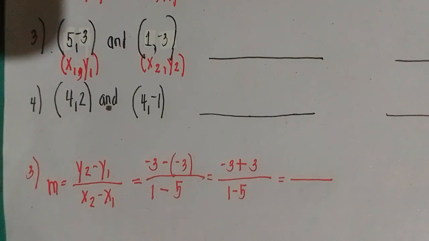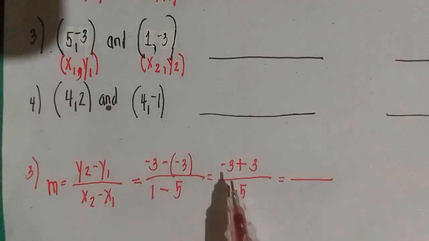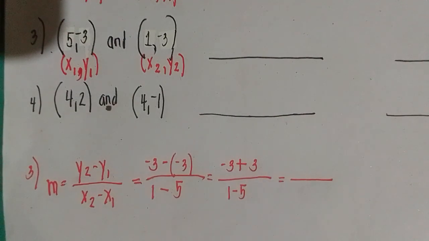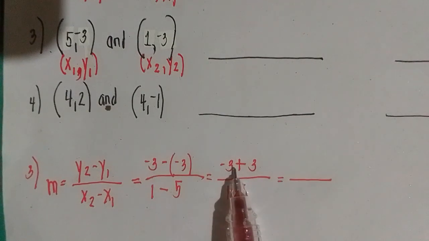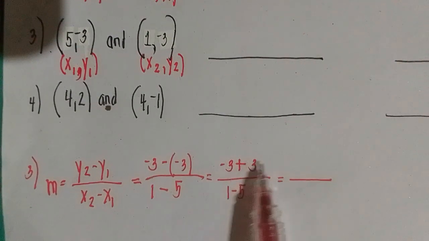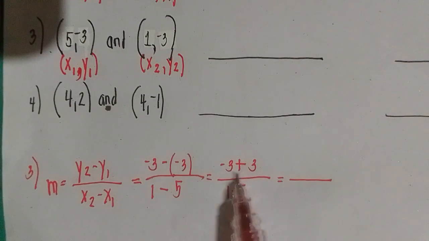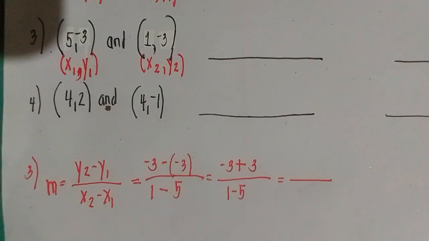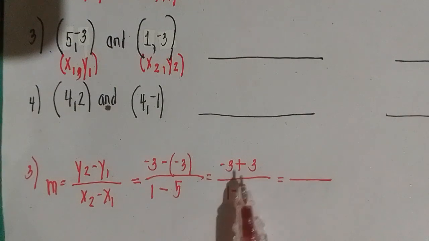In the numerator, class, we have -3 + 3. As you see, their signs are not the same. The first term, 3, is negative. The second term, 3, is positive. Negative and positive. And please take note, in combining terms with different or dissimilar signs, we have to subtract.